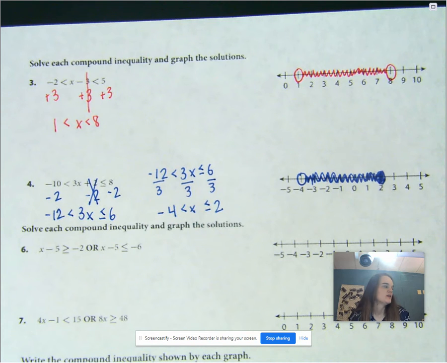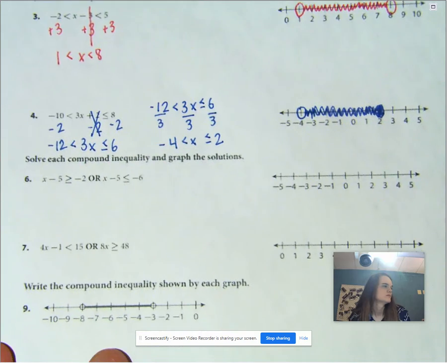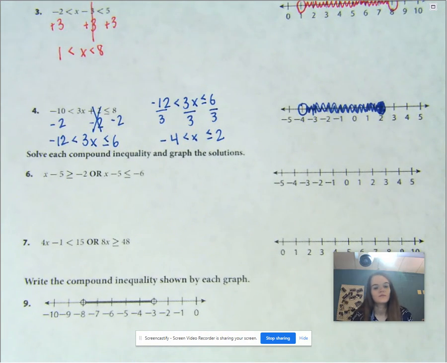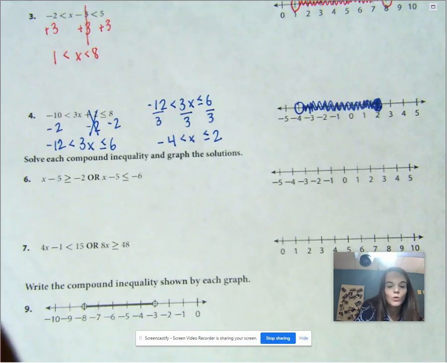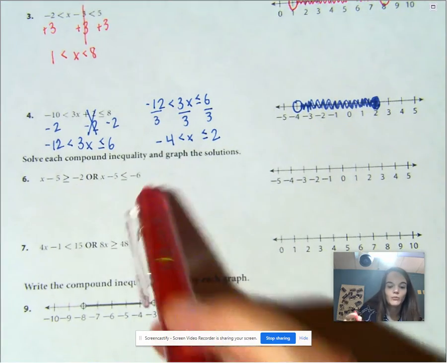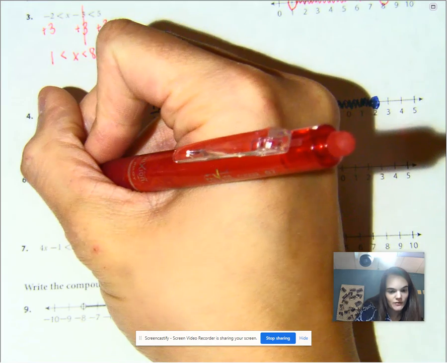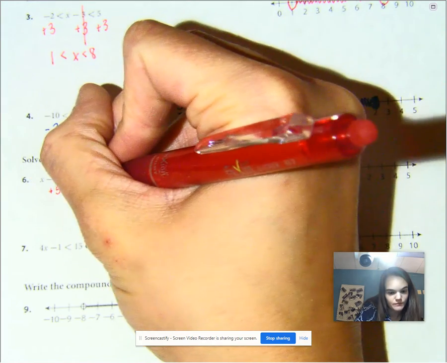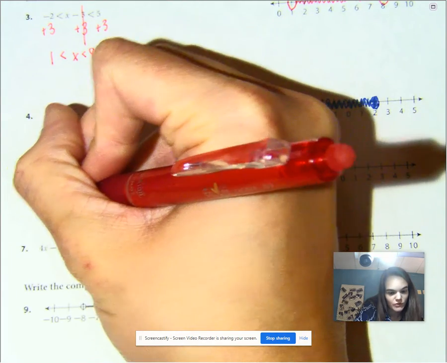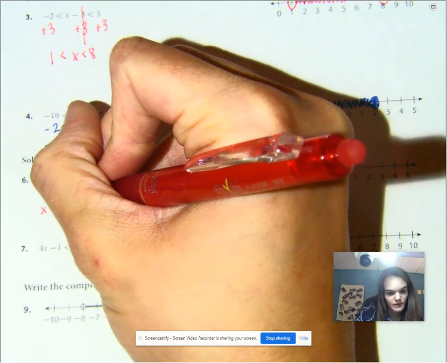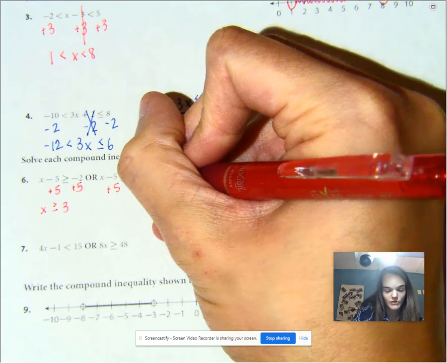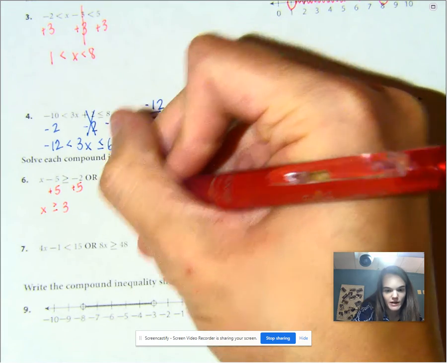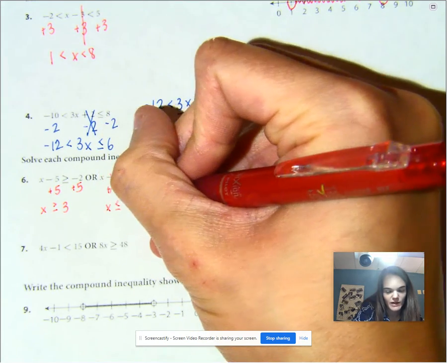Number 6. Remember it's or. Or means I just work 2 problems. So I'm going to add 5 on the first one. So x is greater than or equal to 3. Turns out I also add 5 on this one. It's not always that way, but sometimes it works out that way. X is less than or equal to negative 1.